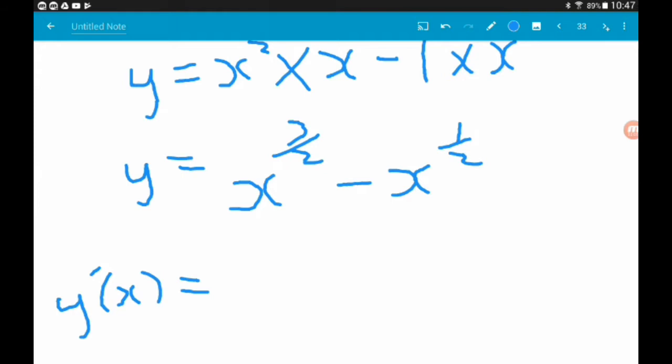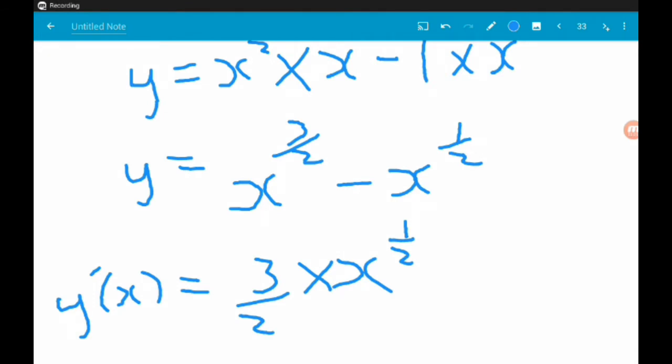So we've got 3 halves times x to the, 3 halves gets reduced by 1 whole. 1 whole is 2 halves. So 3 halves minus 2 halves gives us 1 half. Then we have minus 1 half x to the, well, 1 half minus 1 is minus 1/2.